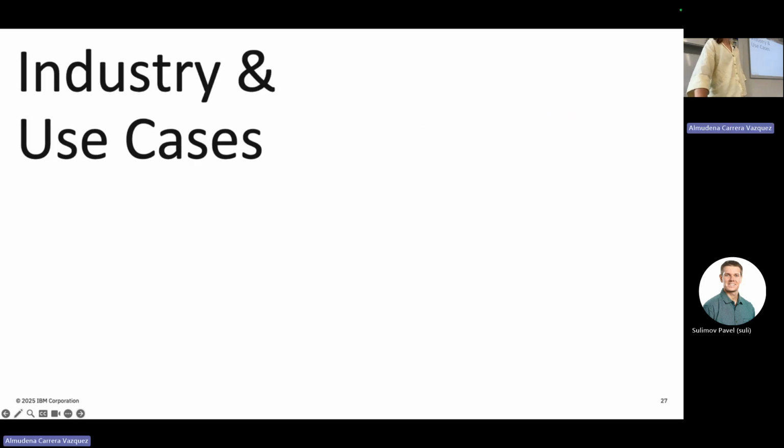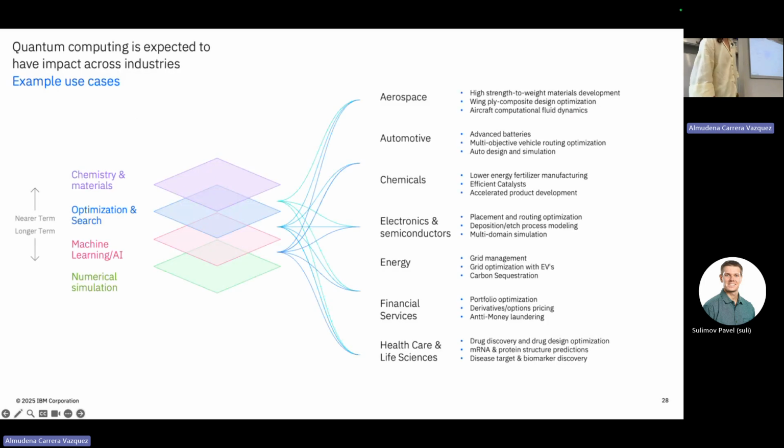Now, I just want to go briefly through some use cases, or more the hot topics that we are looking at the moment, also mostly in our group. First of all, we divide the areas of research into 4, and here they are ordered by how near-term or how far away they are.